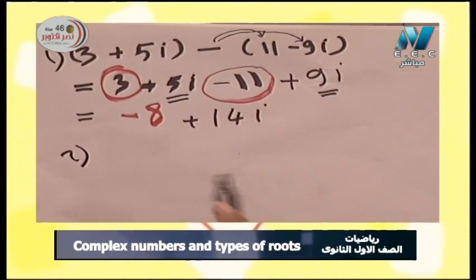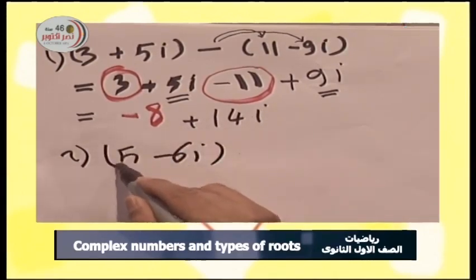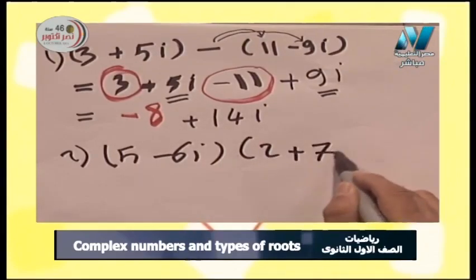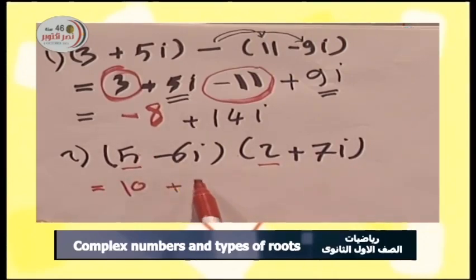We have 5 minus 6i in a bracket multiplied by 2 plus 7i. We have here 2 brackets. We will multiply 5 first. 5 times 2 equals 10, and 5 multiplied by 7i equals 35i.